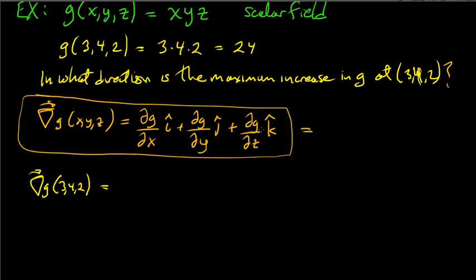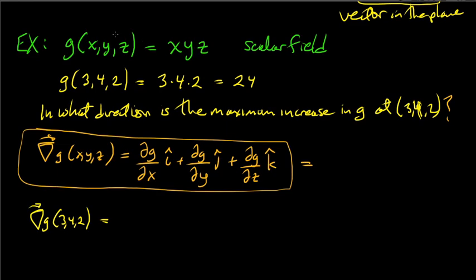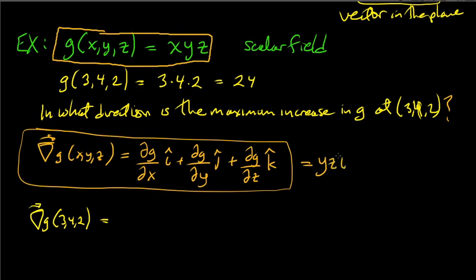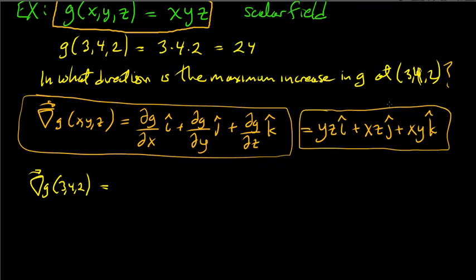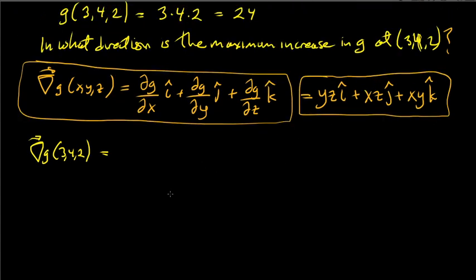So the partial with respect to x, here's the function, is just y times z, so y times z times i. And then with respect to y, the partial derivative will be x times z in the j direction. And then the z partial derivative will be x times y in the k direction. So that's the gradient as a vector in space now.